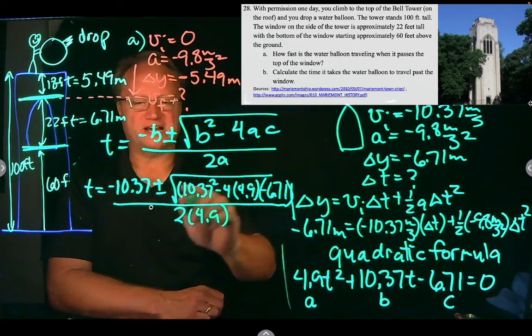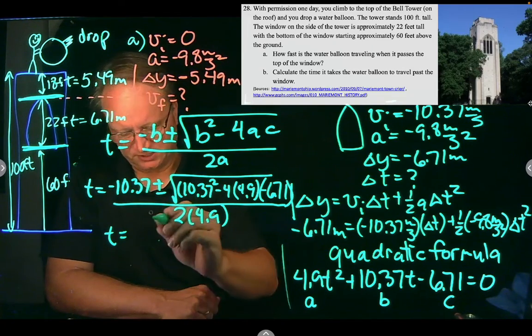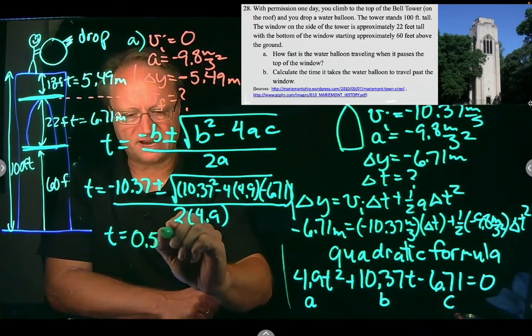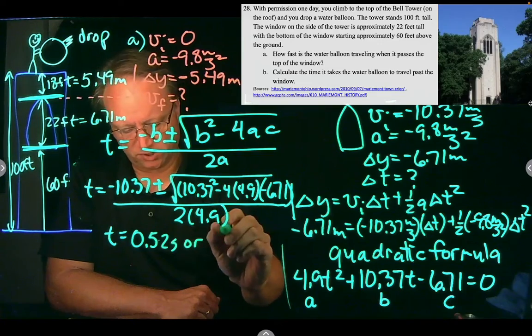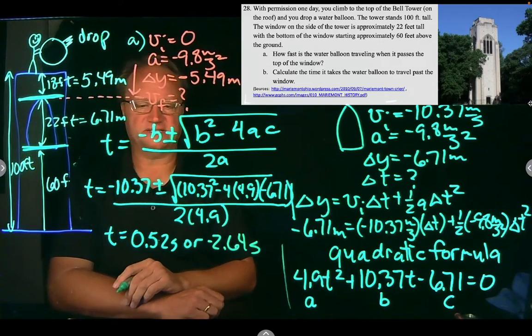Now, solve that down. When you solve that down for t, you're going to get two values, 0.52 seconds or negative 2.64 seconds.